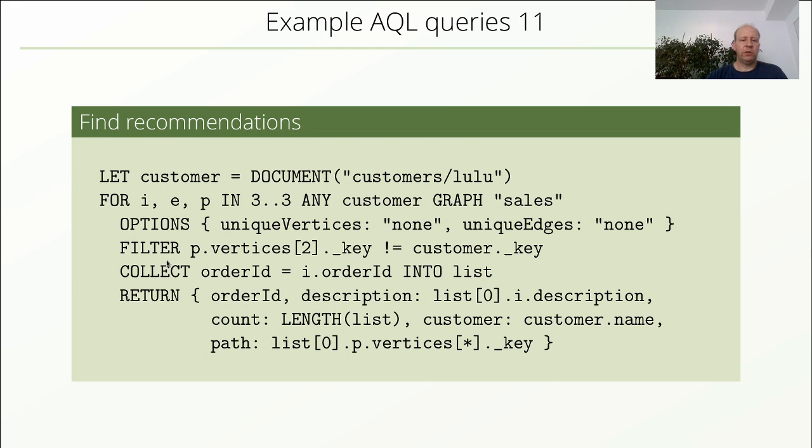So let me close with the most complicated of the queries I showed today, which is about finding recommendations. If you want to recommend things to buy for one customer, a very simple idea is the following. If you have a customer, you might see what that customer has bought. Then you would like to see which other customers have bought the same thing.